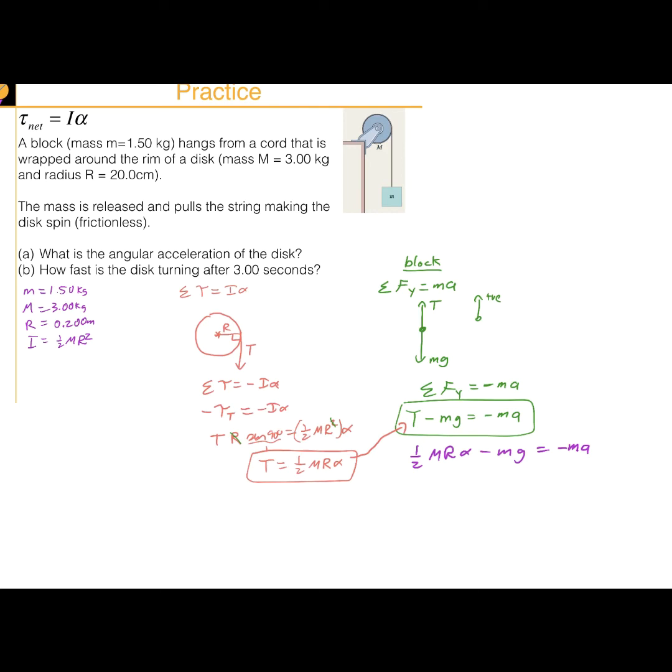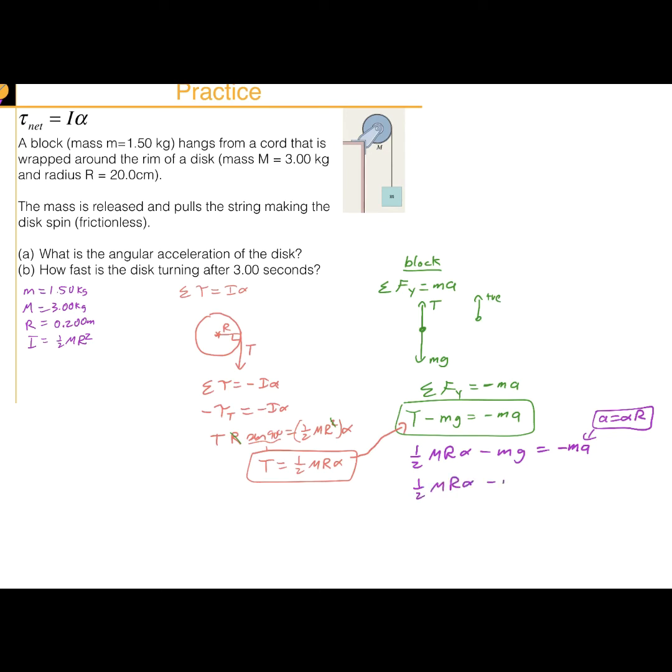I want the angular acceleration. I'm going to replace a here with alpha r. A is always related to alpha. The angular acceleration is going to be related to the acceleration at that point.